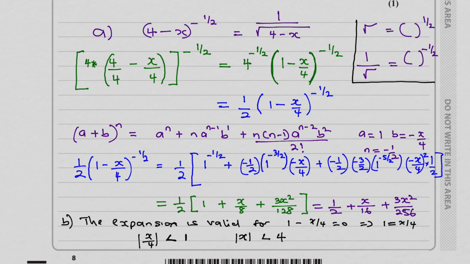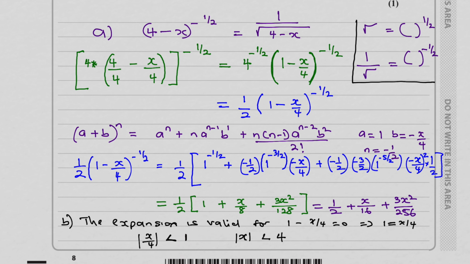So x over 4 has to be smaller than 1, because if it's equal to 1, you're going to get a 0 value here, which is no good for the expansion. So this has to be less than 1. Therefore you say the modulus of x over 4, that means the positive value of this value, has to be less than 1.